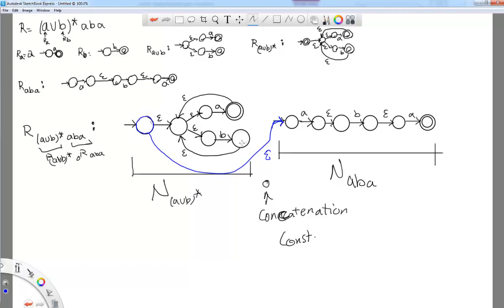So I'm going to remove the accept state here, and then transition it with an epsilon transition. And then I'm going to remove the accept state here and build an epsilon transition for it to the start state of my second machine.